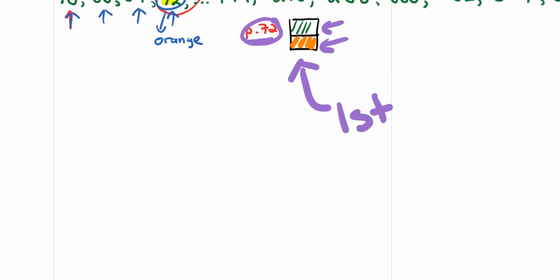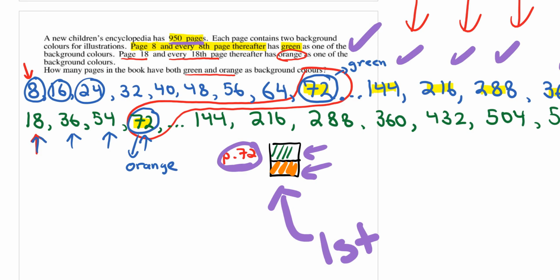So what we're going to do here is use the ladder method to finish this problem. We start off by writing 8 and 18, and break them down, starting with the number 2. 8 divided by 2 gives 4, and 18 divided by 2 is 9.